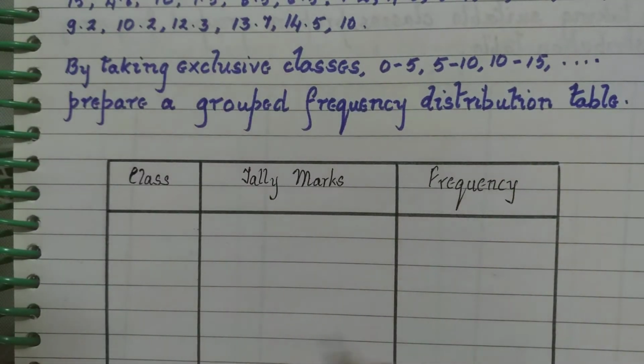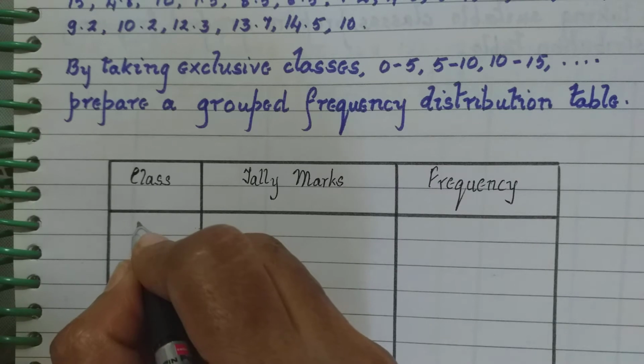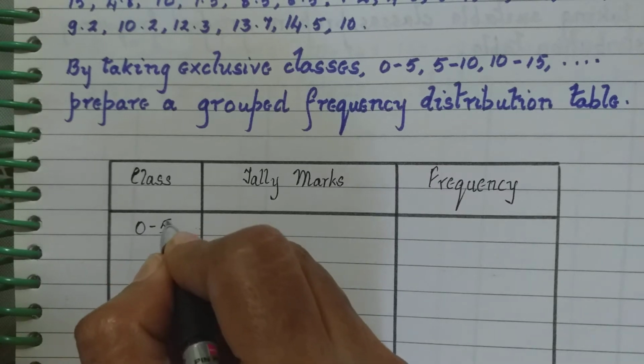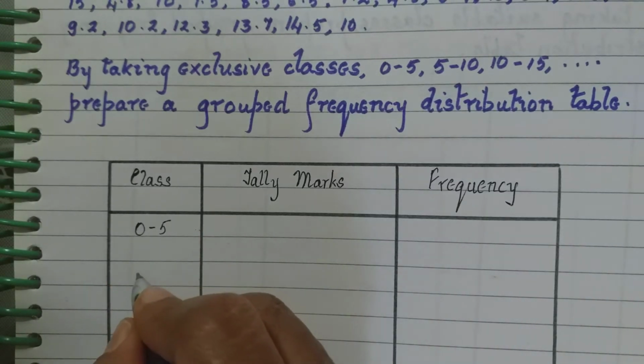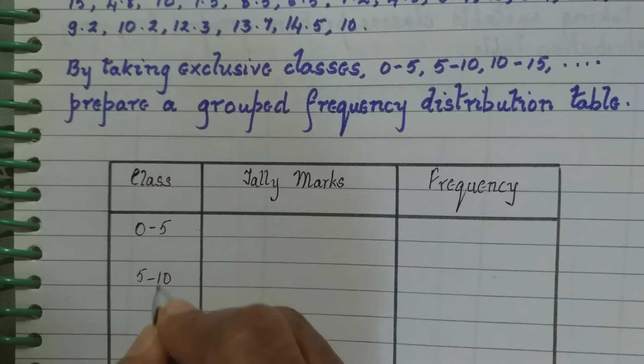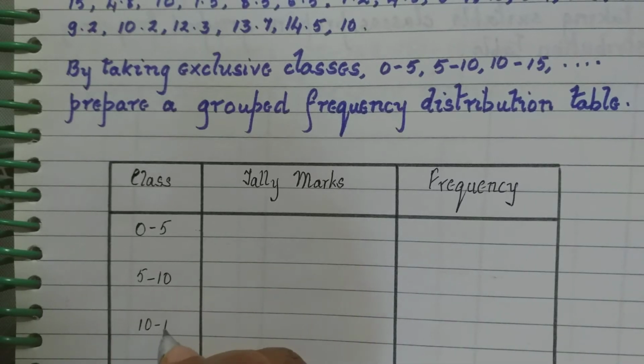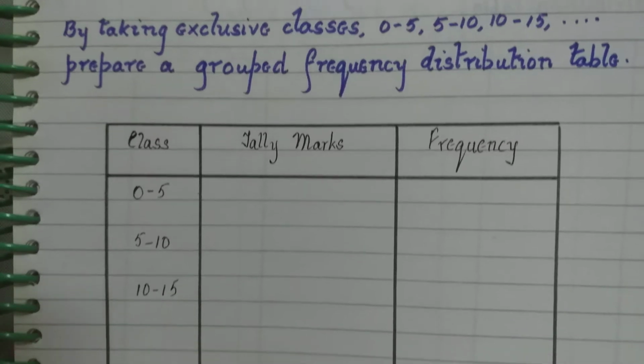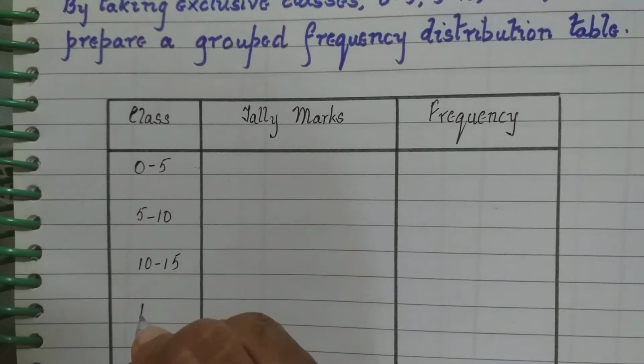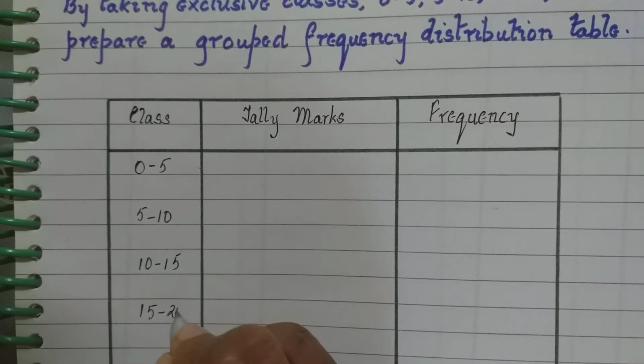Okay, now here I will write the classes 0 to 5. Okay, then I have 5 to 10, 10 to 15, and the last class 15 to 20.